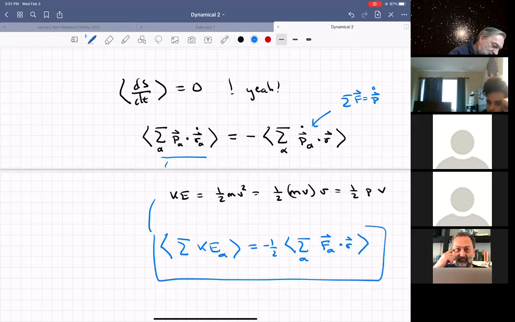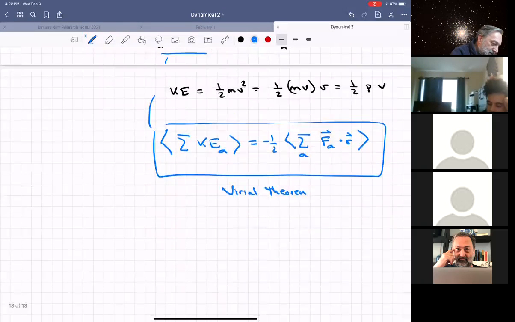And this statement here is called the Virial theorem. And this term over here, the time average of the sum of F alpha dot R, is called the Virial.